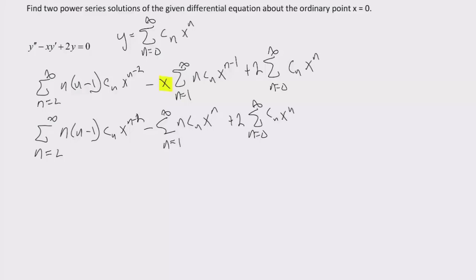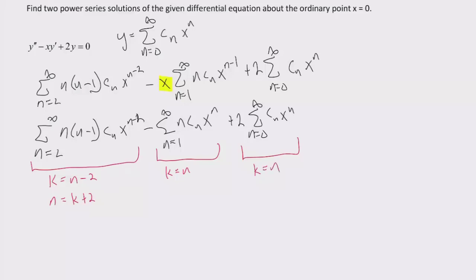Okay. Next up would be an indices switch. So I'm going to focus in on the 3 parts here. And let's see. So let's do k equals n minus 2, which would mean n is k plus 2. And here we can just say k is equal to n for both of those.